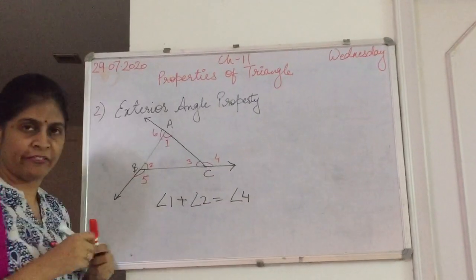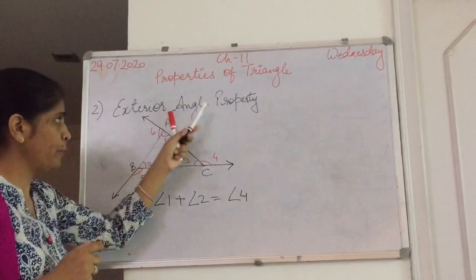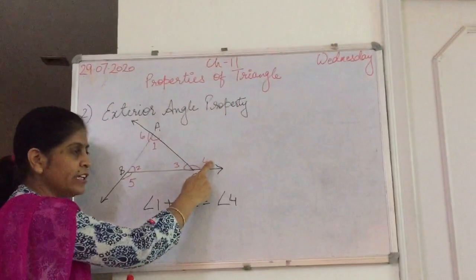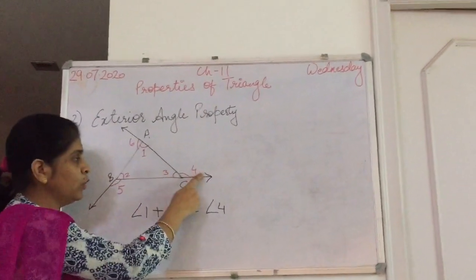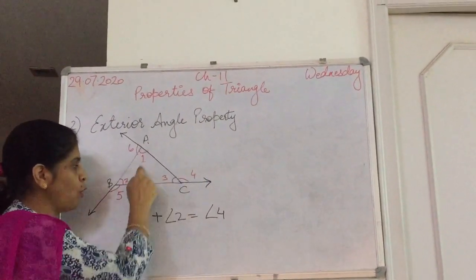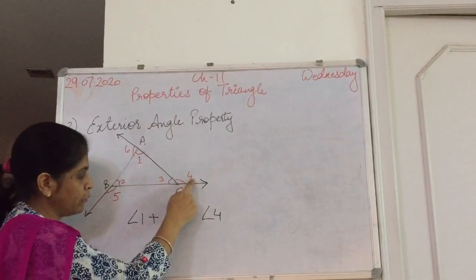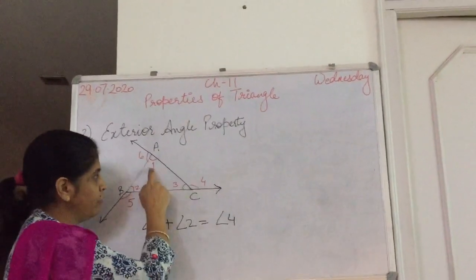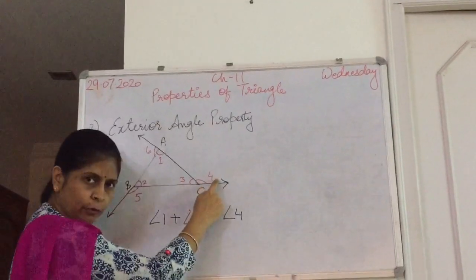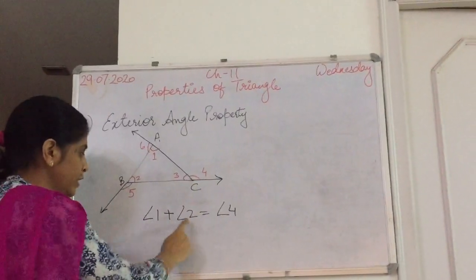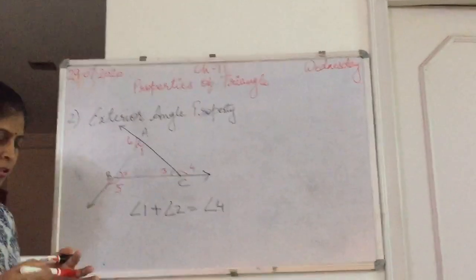I repeat the definition. The exterior angle property says that the exterior angle is equal to the sum of the interior opposite angles. So you can see that angle 1 and 2 are opposite of angle 4. Yes? So it is the sum. Sum means addition. Clear?